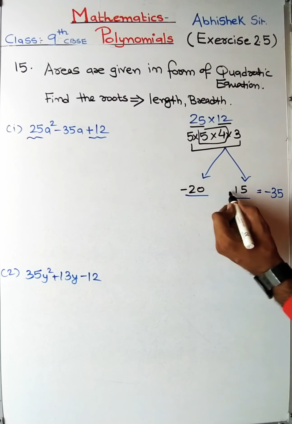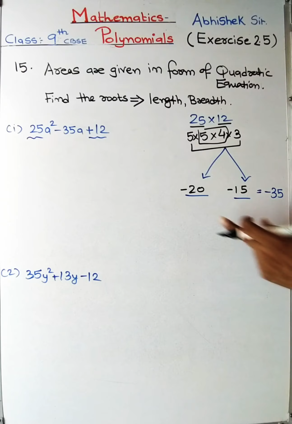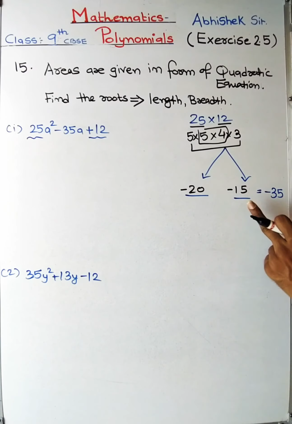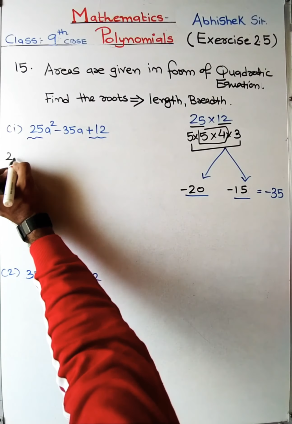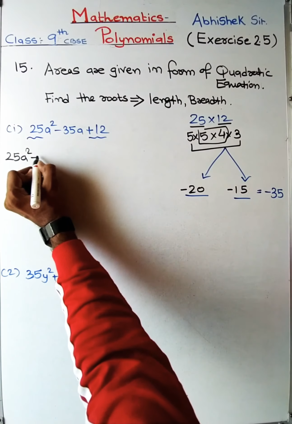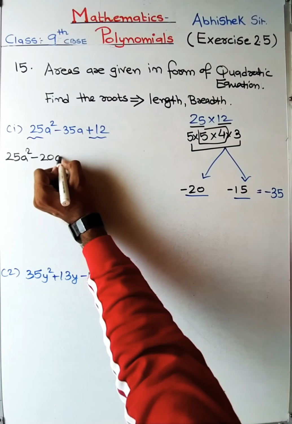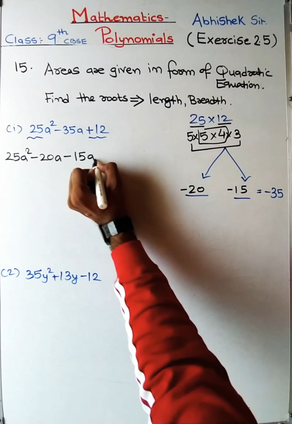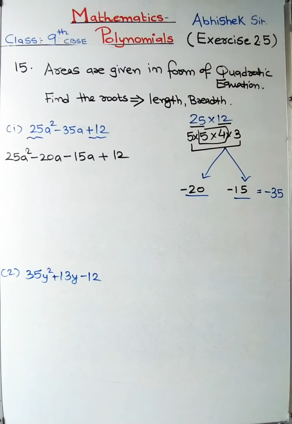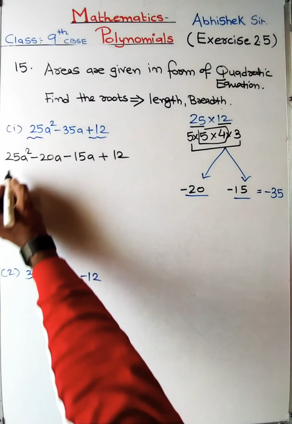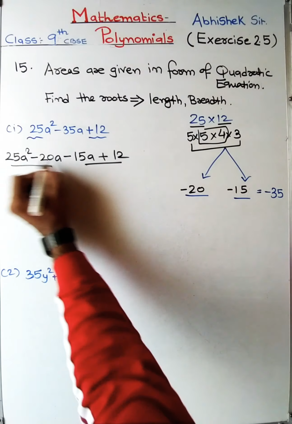So let us make both minus. So we got our two numbers, minus 20 and minus 15. So replacing the middle term with minus 20a and minus 15a and writing the first and the last term the same. Now making the combination of these two and finding out the common factor.